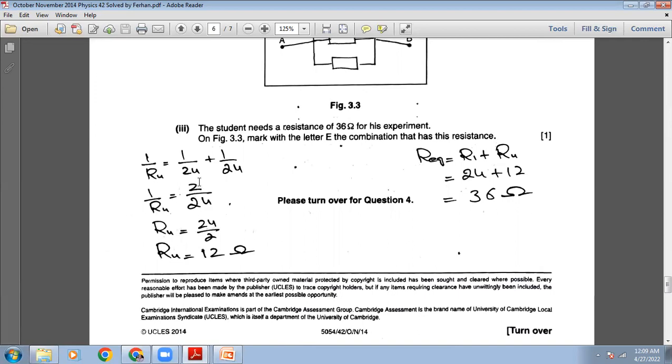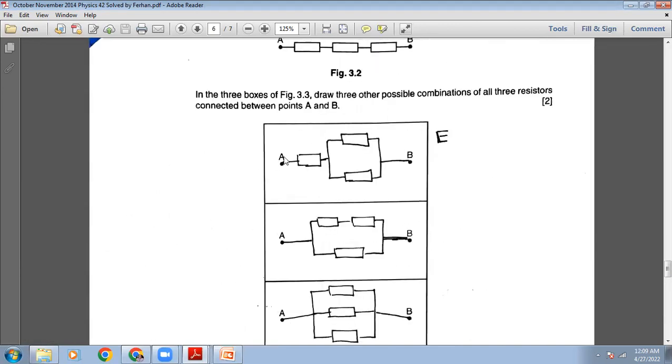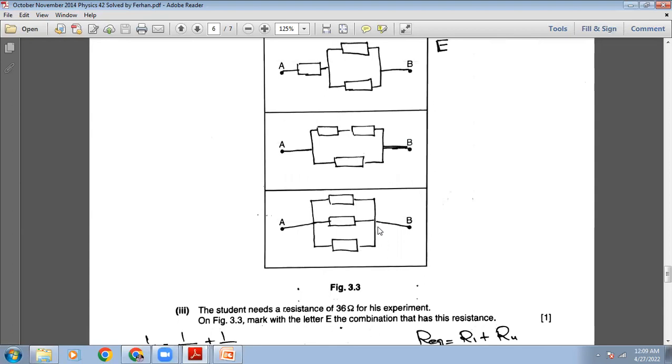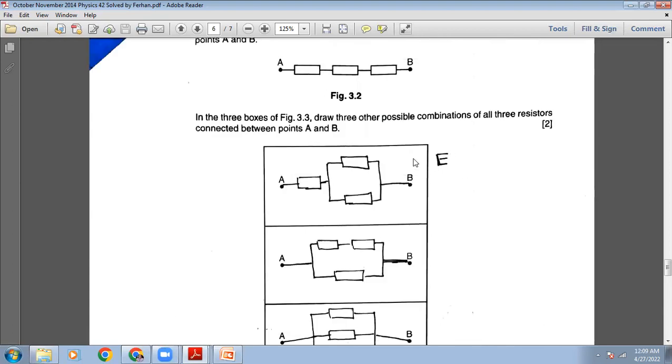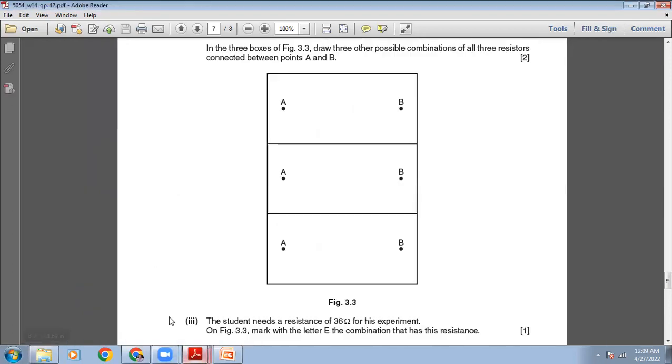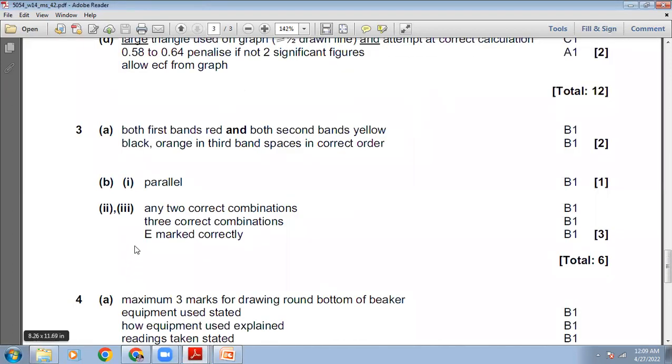So 1 by R equals 2 by 24, so R equals 24 by 2, and that will be 12. Once you know the combined resistance here is 12, and this is 24, 24 plus 12 will be 36. So put a letter E here. This combination has a total resistance of 36 ohm.